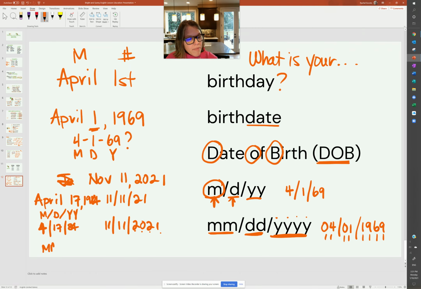But for month, month, day, day, year, year, year, year, we would have to do 04/17/1984. Okay, so pay attention to how many digits it asks you for. Okay, we will practice a lot writing dates. This is how we write dates, and it is just a lot of practice for you to learn correctly in English, okay?